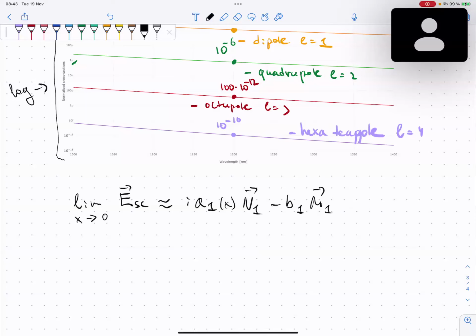This is like a Taylor expansion. We leave only the leading order in this expansion, and this leading order is dipolar. This is just a dipole.